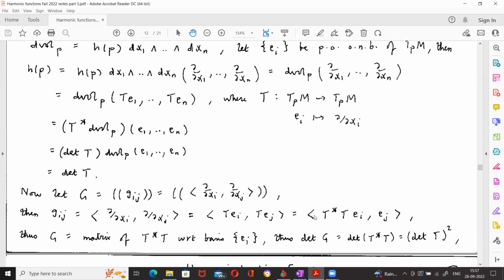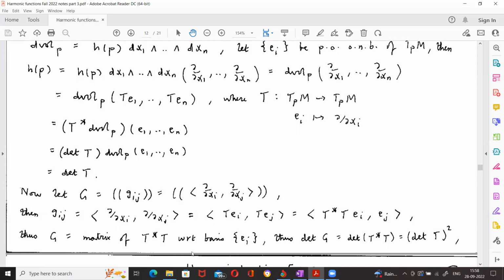So this is inner product T star T Ei, Ej. So in other words, this Gij is the matrix of T star T with respect to the orthonormal basis Ei. Is this clear? This is the ijth component of the matrix of T star T, because this is an orthonormal basis.